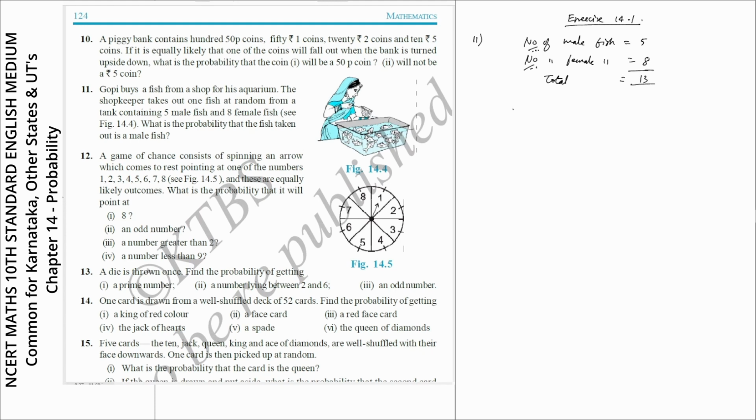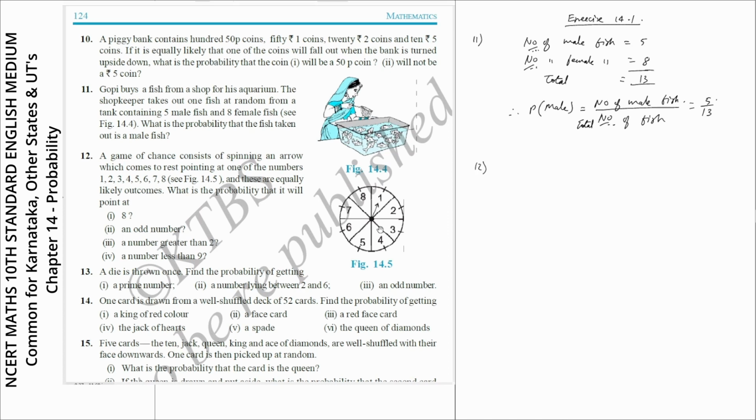Therefore if one fish is picked from the tank, the probability that it is a male fish will be equal to number of male fish divided by total number of fish, so this is equal to 5 by 13.